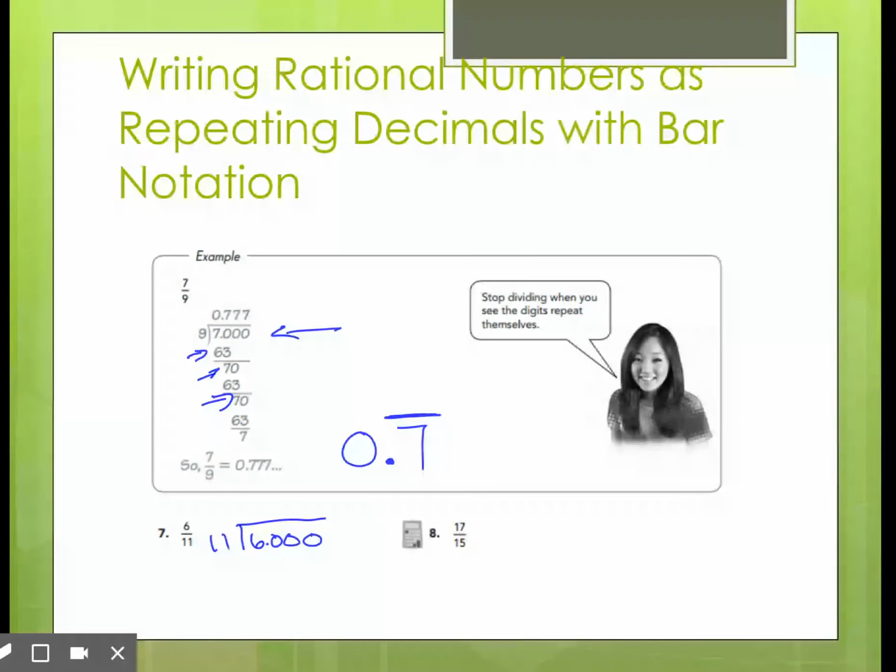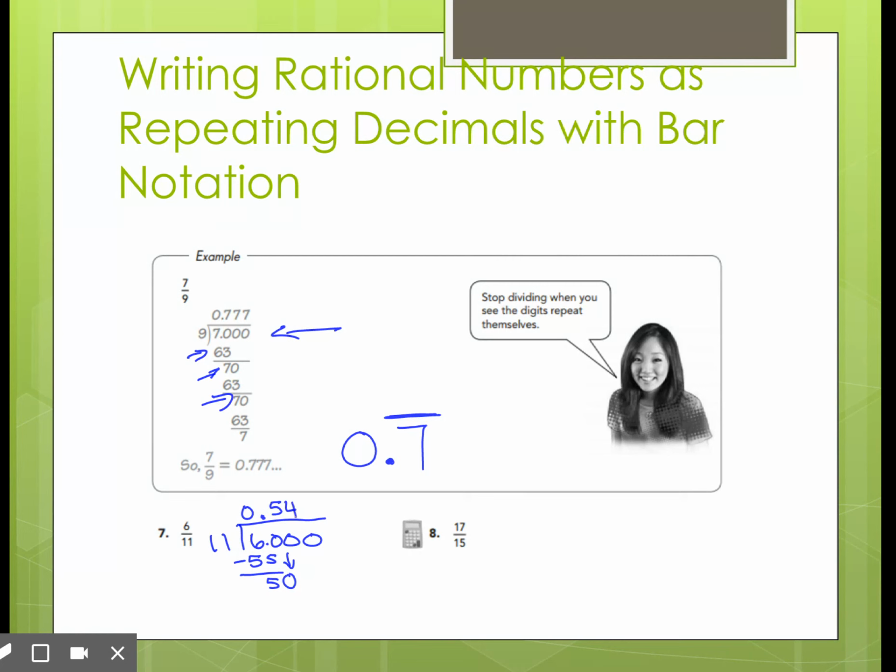6.000 divided by 11. Bring my decimal up, add my 0 in the ones place. So 11 can go into 60 5 times. 5 times 11 is 55. Subtract, bring down. Now I have 50. 11 can go into 50 4 times.